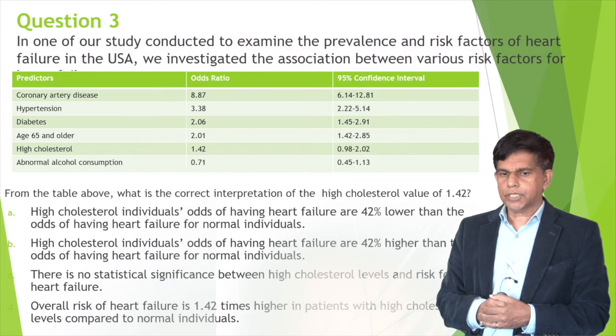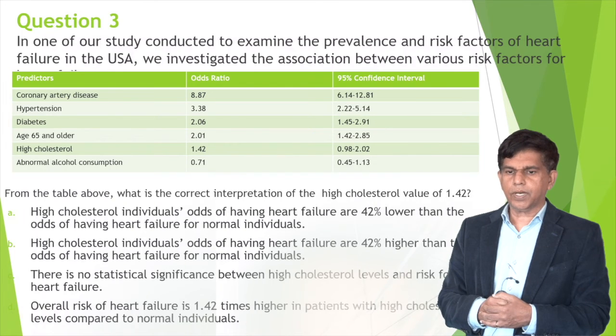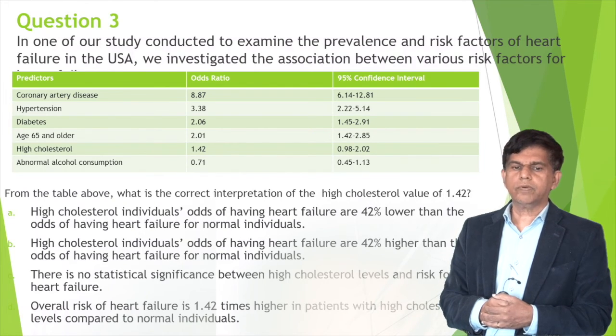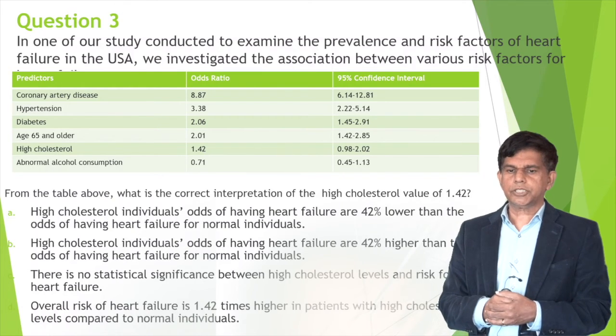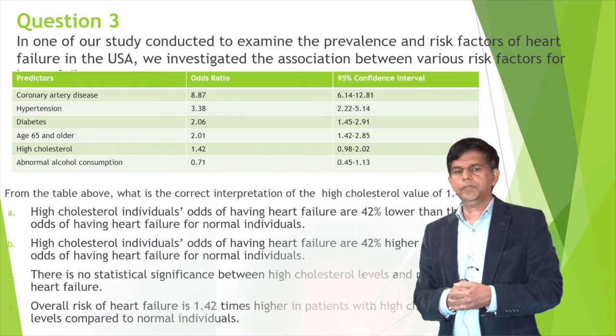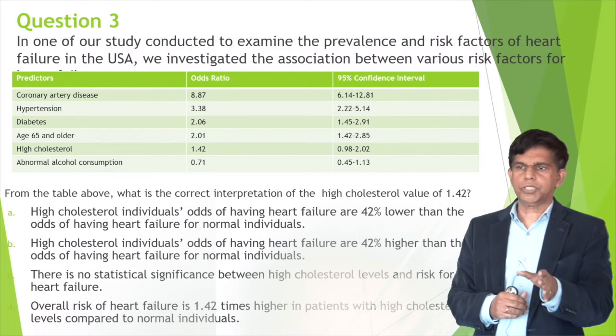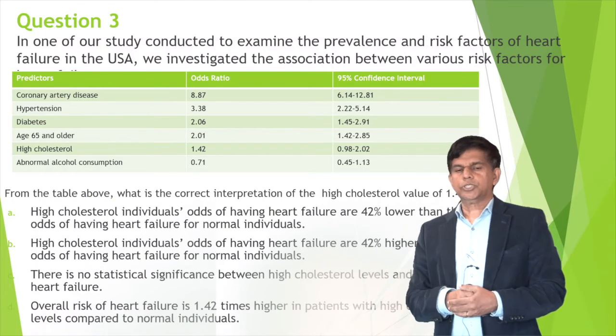Option 3: there's no statistical significance between high cholesterol level and heart failure. Option 4: overall risk of heart failure is 1.42 times higher in patients with high cholesterol level compared to normal individuals. I'm going to stop. Please read the question and answer.